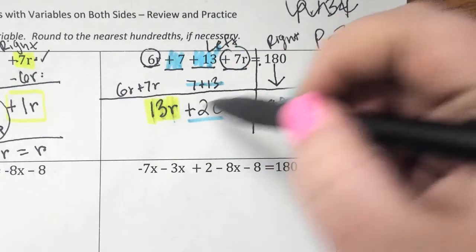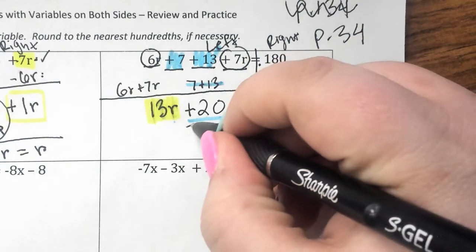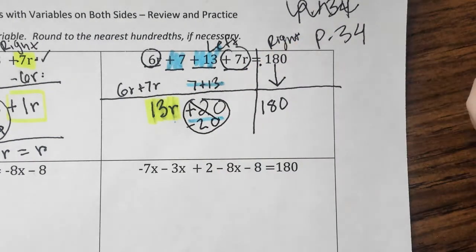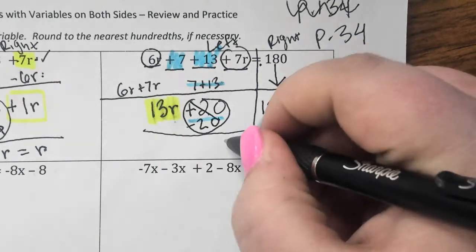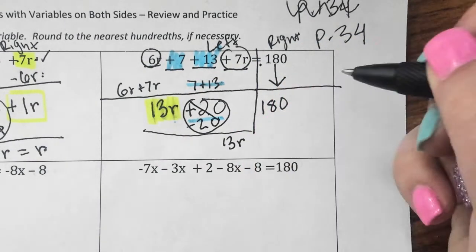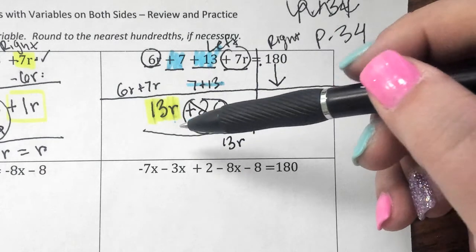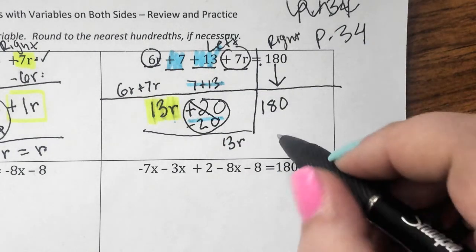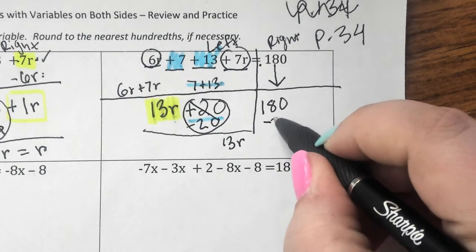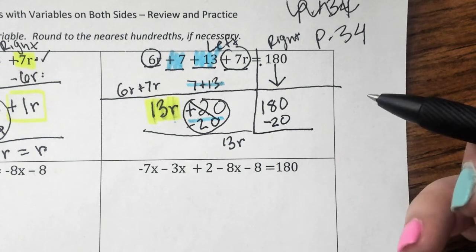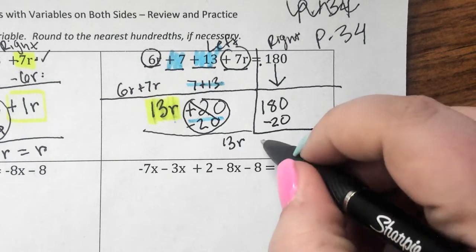How do you undo that plus 20? Subtract 20. Because 20 minus itself is 0, and that leaves us with 13r. Now if we took 20 away from the left side, I also put a minus 20 where? Underneath the 180. 180 minus 20. 160, good job.